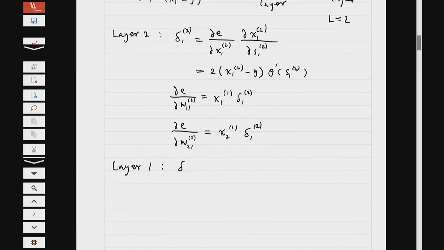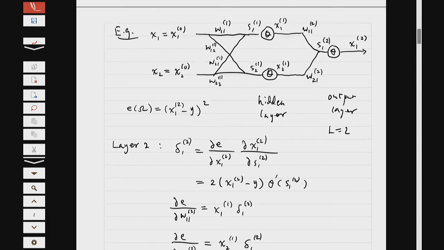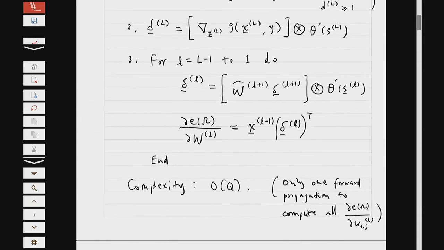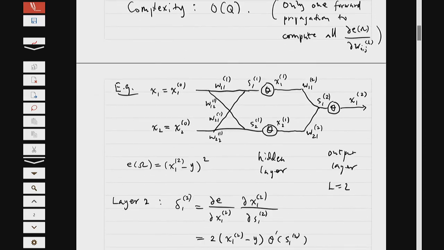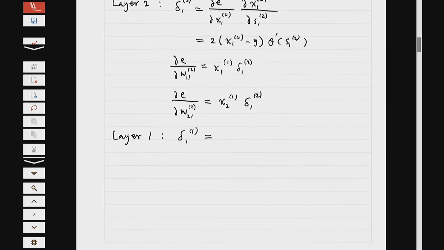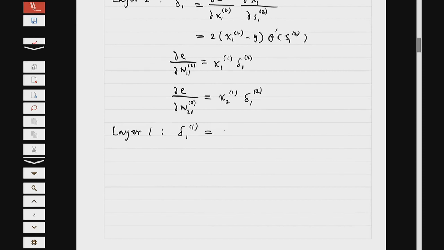And then for layer 1, we go back, and we have to calculate delta 1 of 1. Again, by our formula, the formula says the weights multiplying the next layer's delta, and then you multiply by theta prime. Since we don't have a big matrix, simply this one item turns out in this simple example.